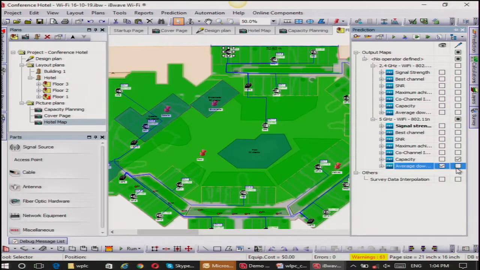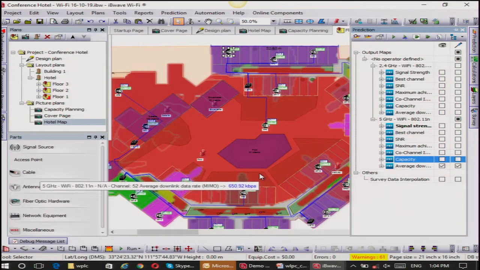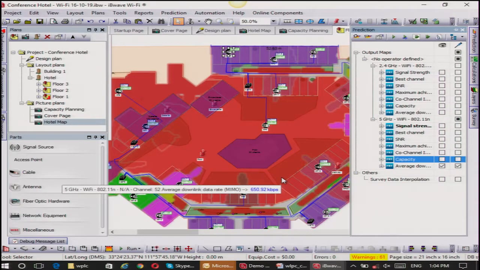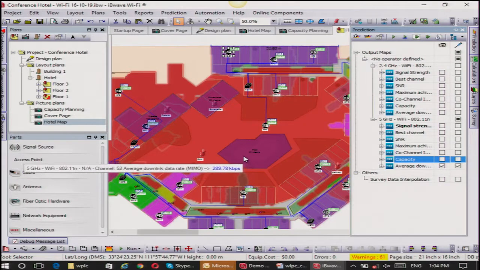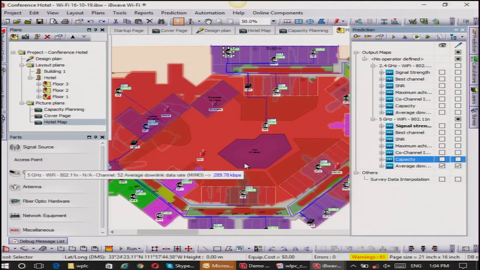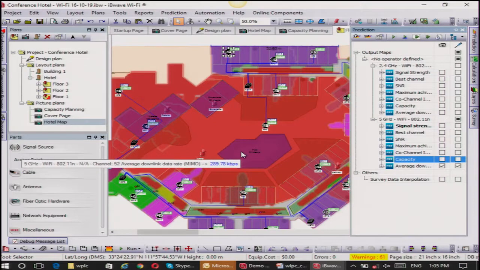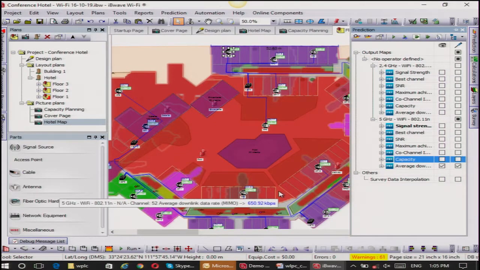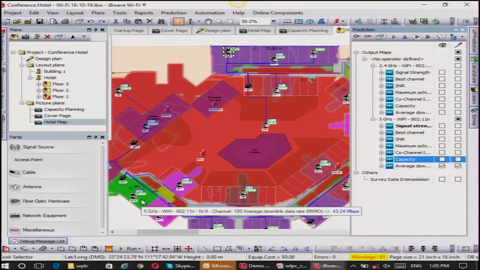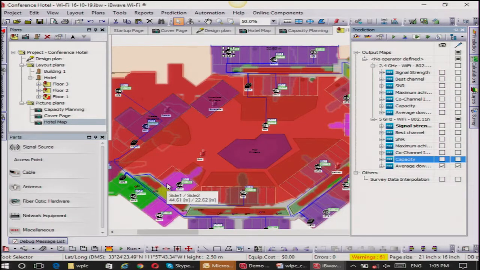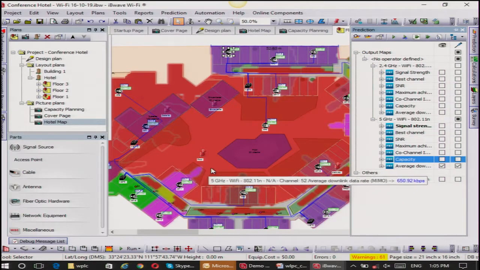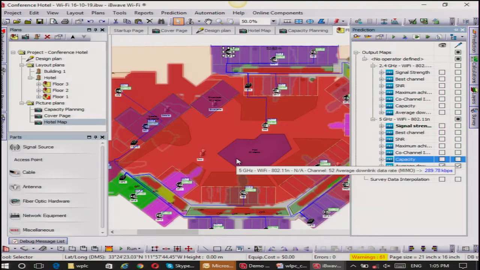And what's going to be of interest as well for you is the average downlink throughput. There, basically, you have a different throughput depending on where you are in the venue, depending on the density of the users. As you see, it goes from very high, which I think right now is 43.24 megabits per second in this area, and then drops down as the number of clients increases.